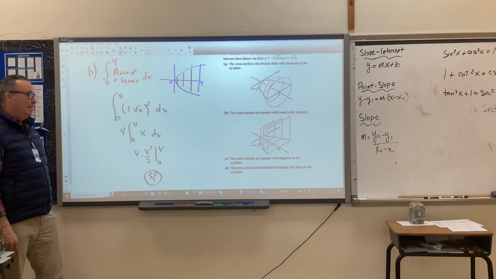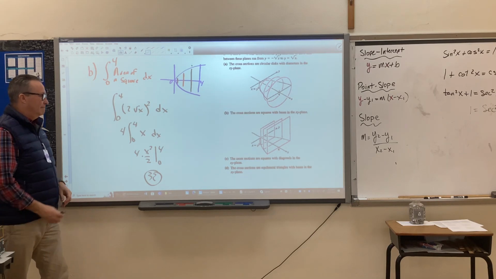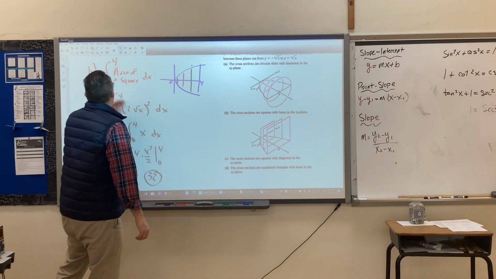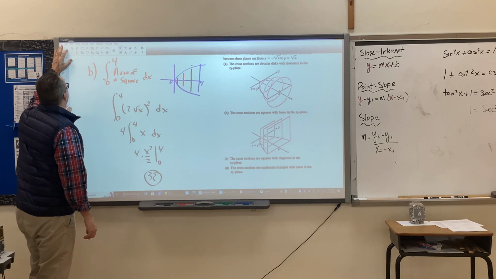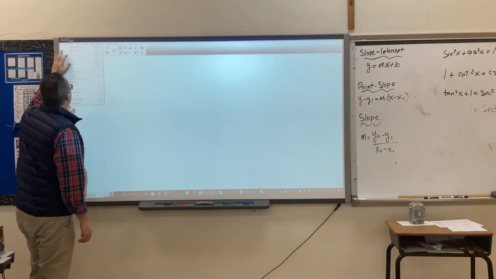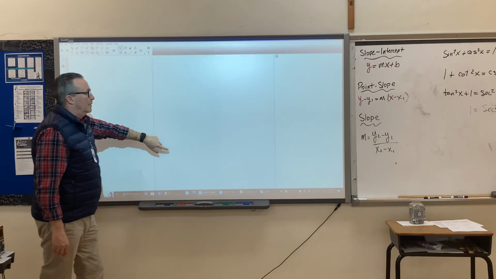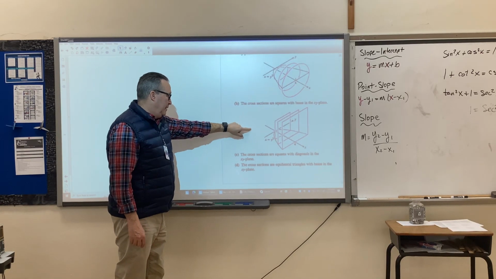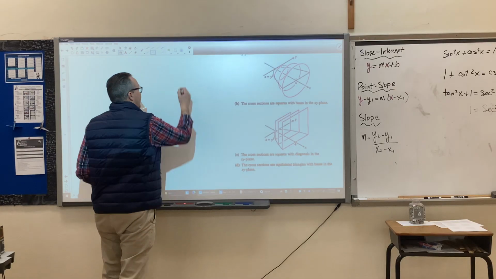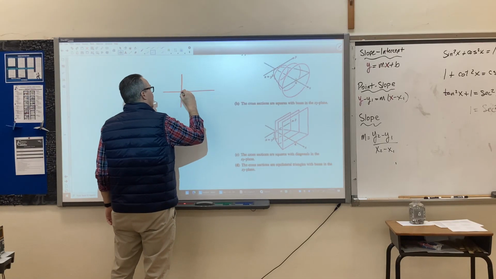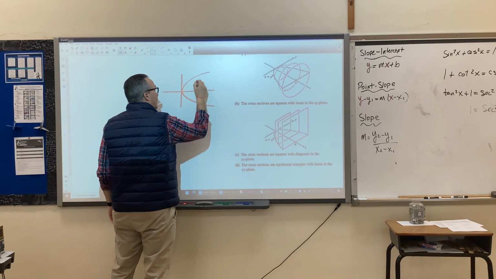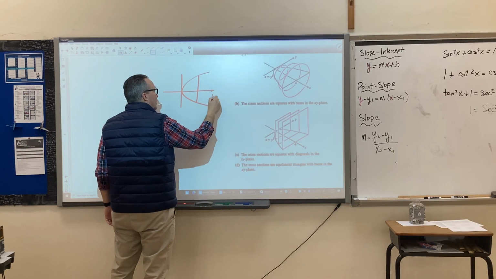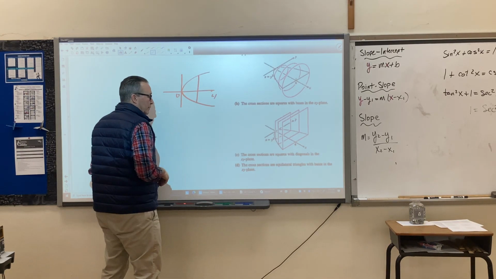C, not as easy. We have the same area, so we have the same sketch: square root of x, negative square root of x, an arbitrary rectangle, x equals 4, x equals 0.